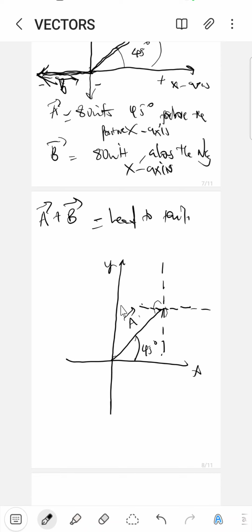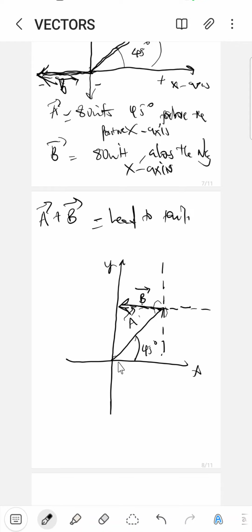From there, vector B moves along the negative axis, like this. This is your B. Does that make sense?